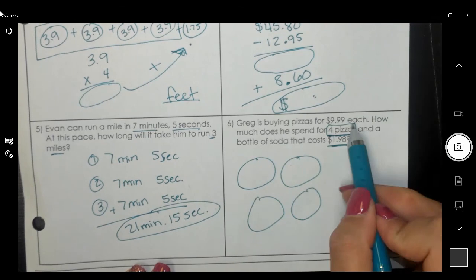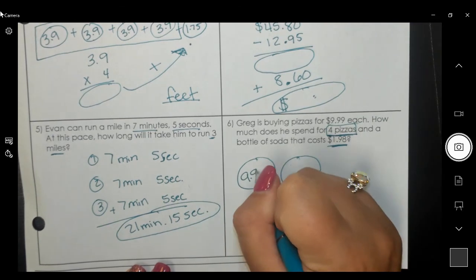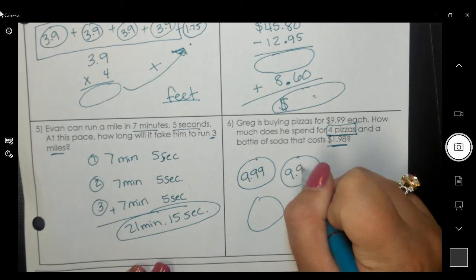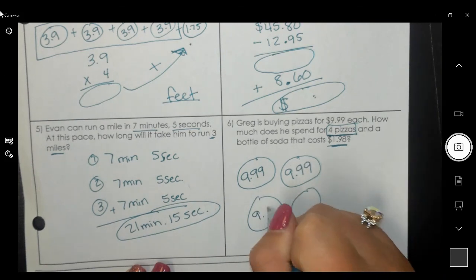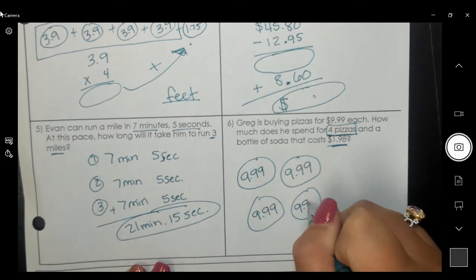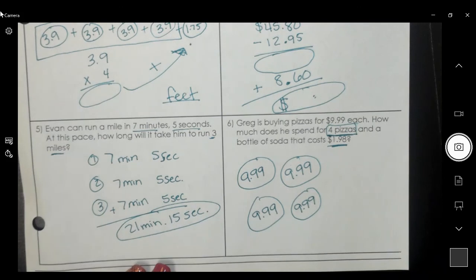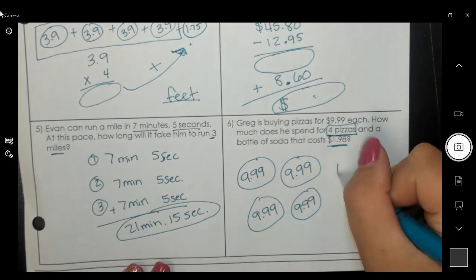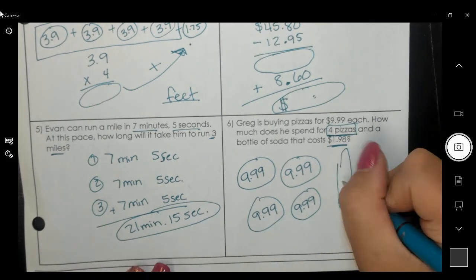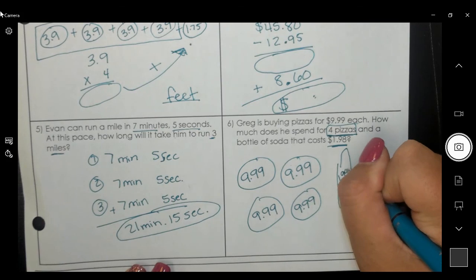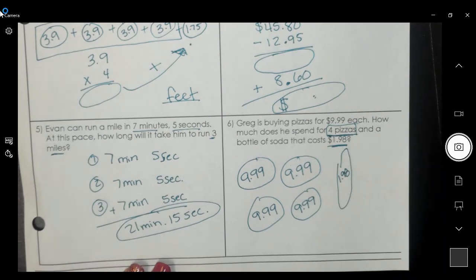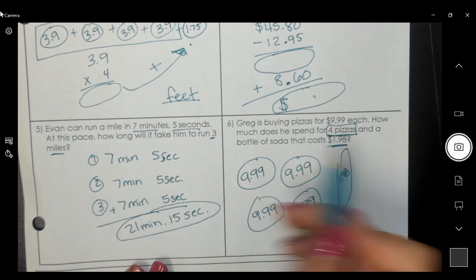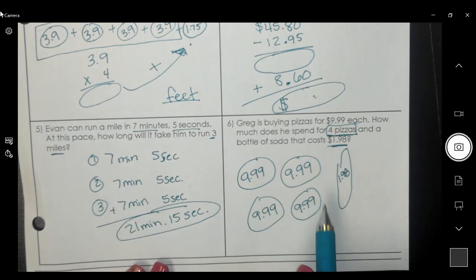And each pizza cost $9.99. Then I'm going to just draw like a rectangle thing here. He buys a soda for $1.98. We want to figure out what the total cost is.